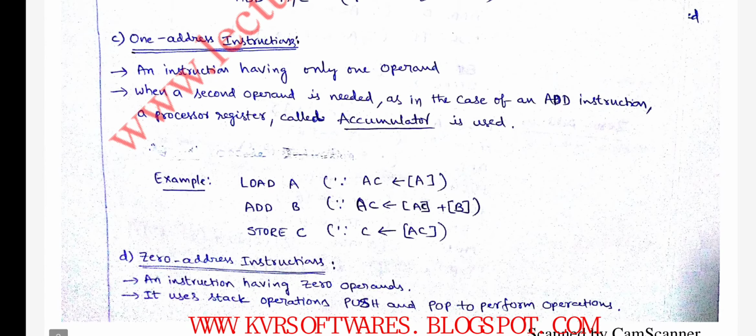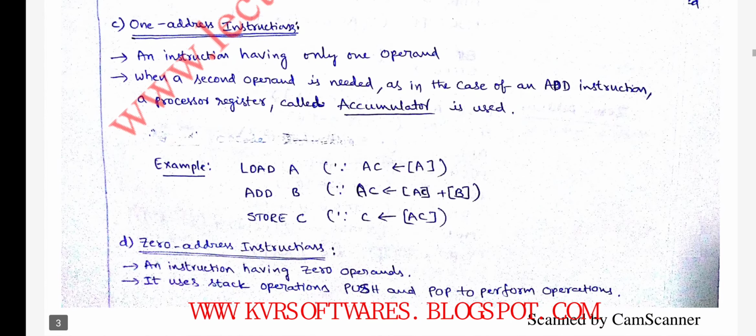On the same example, how can we use one address instruction format? Okay, we saw the three address instruction format and two address instruction format. For the purpose of doing the same C is equal to A plus B, how can we represent it in one address instruction format? In one address instruction format, we have to use only one operand.